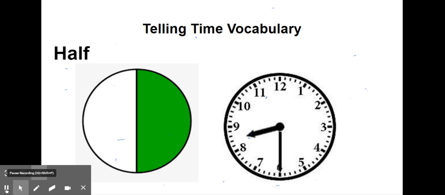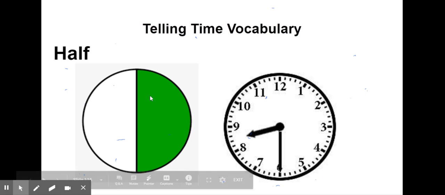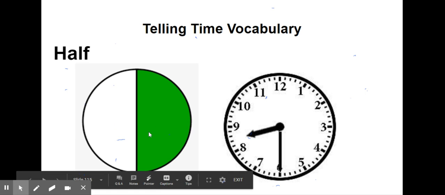Another important word when it comes to telling time is half. Now in this circle, you can see that it is split into 2 pieces. One of the pieces is colored green. Half of the circle is green. On the clock, you can see that the minute hand is at the 6.